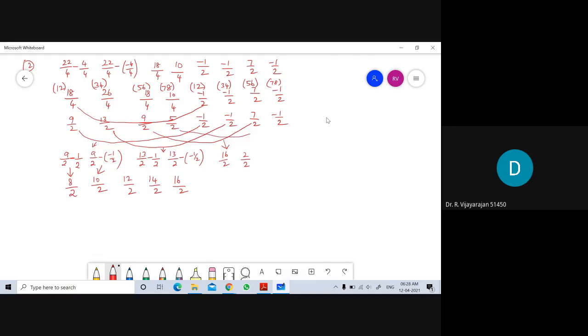Then the last two values having similar indices, 7, 8, 7, 8. 5 by 2 minus 1 by 2, it is going to be 4 by 2. 5 by 2 minus of minus 1 by 2, nothing but 6 by 2. So 16 by 2, 2 by 2, 4 by 2, 6 by 2.